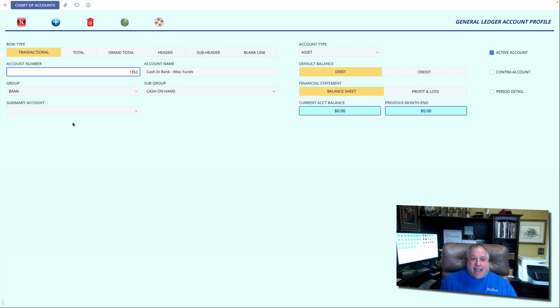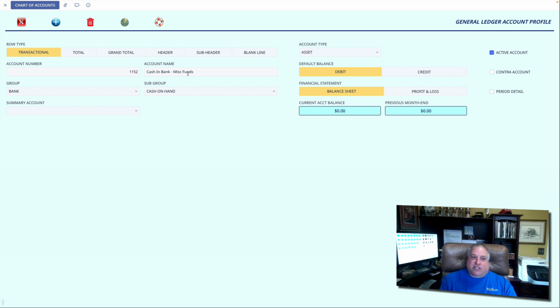Here we see a transactional account. This is an account where we are going to post debits and credits based on financial activity that in one way or another impacts this cash in bank account. But we also know that we want to be able to roll these very detailed transaction and account balances up to a totaling and grand totaling level.